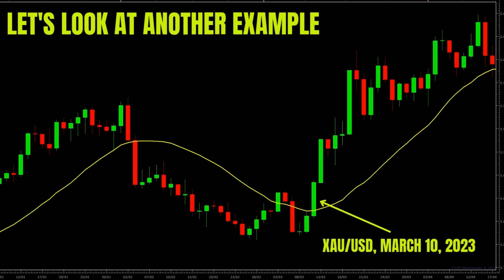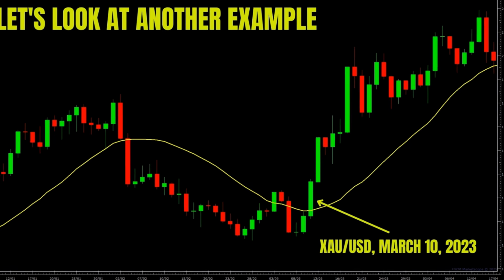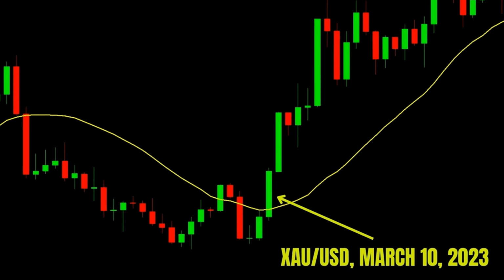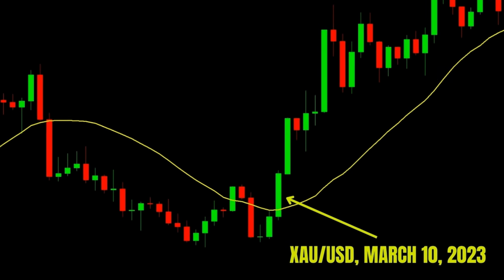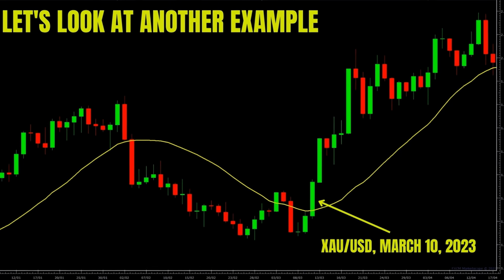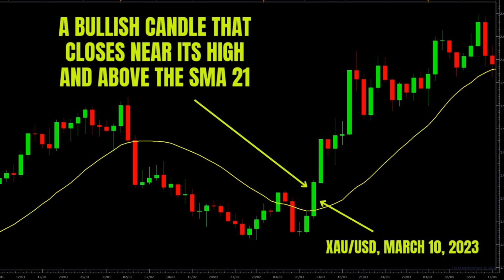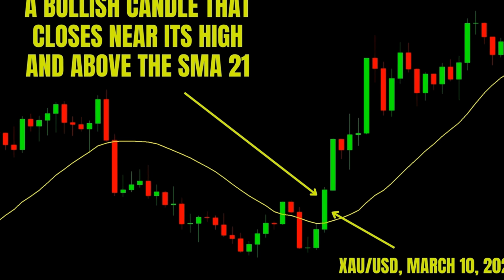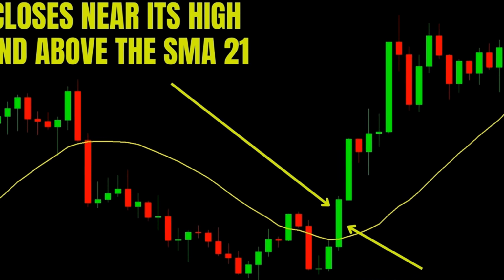Let's solidify our understanding by looking at a past example. This is XAUUSD on March 10th, 2023. Notice the price had been in a downtrend, making this an even better test of our confirmation rules. We identify a large bullish candle. It not only closed green, but it also closed very near its high, confirming strong buying pressure.